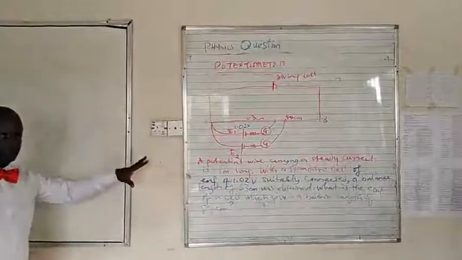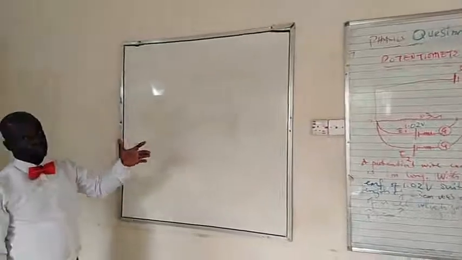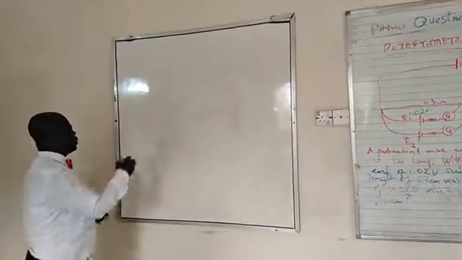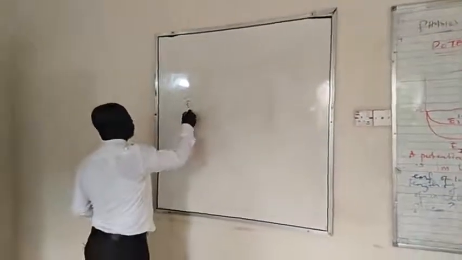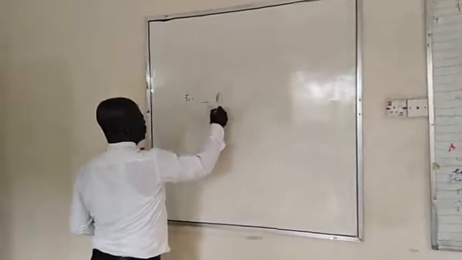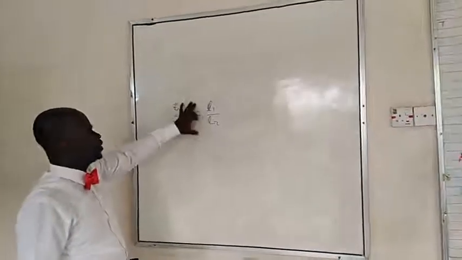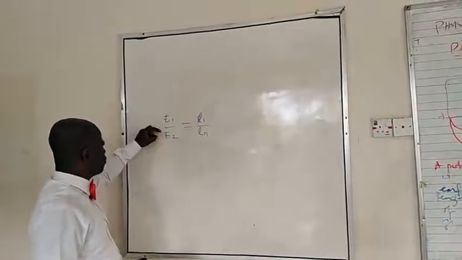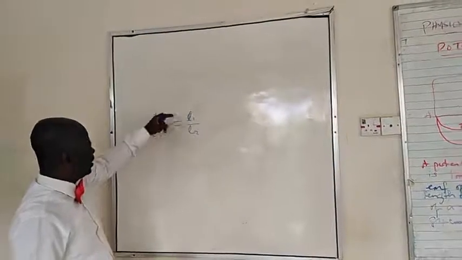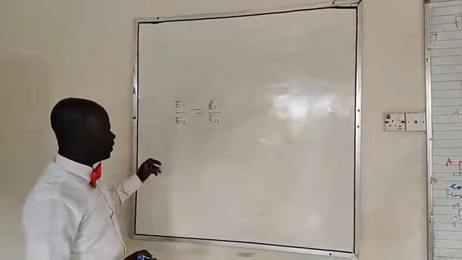Now we are going to solve that problem using the principle of the potentiometer. It says that E1 over E2 is the same thing as L1 over L2. This is the ratio that compares the electromotive force of one cell and the other and the equivalent lengths, as it is written on this board. Now let's put that in practice.